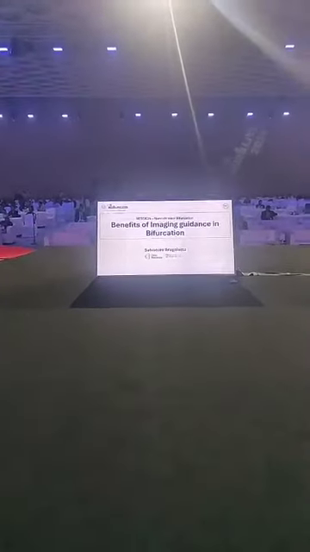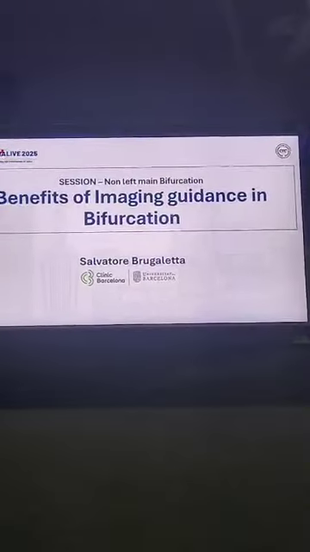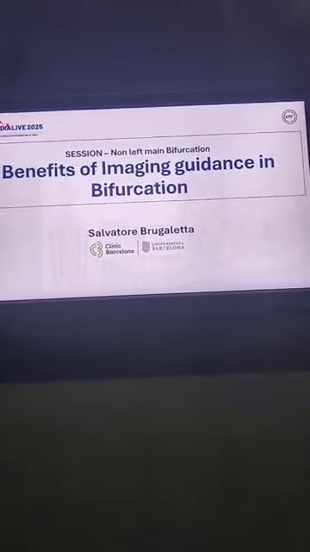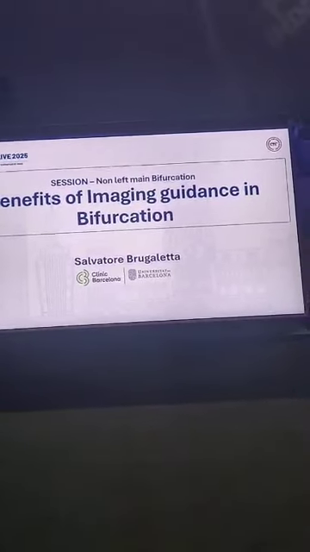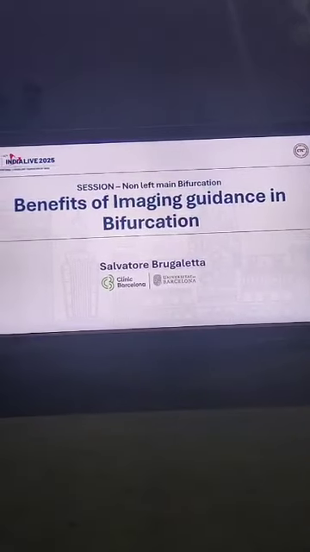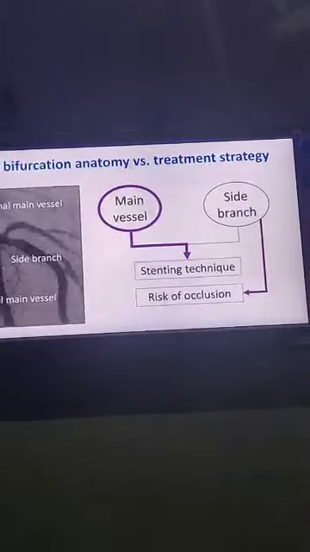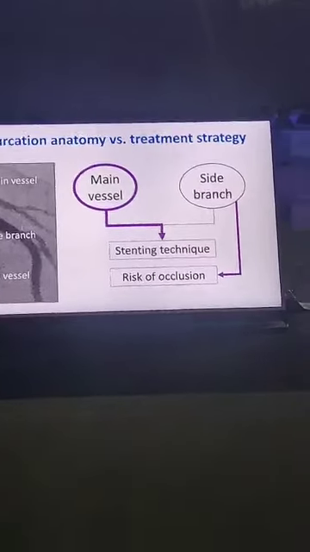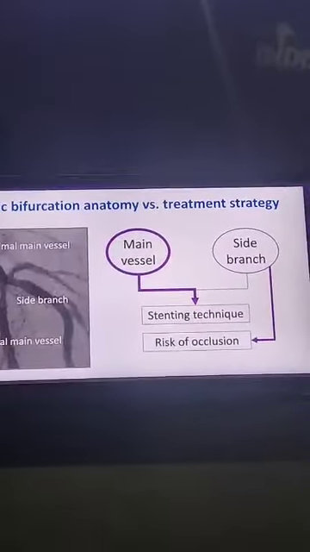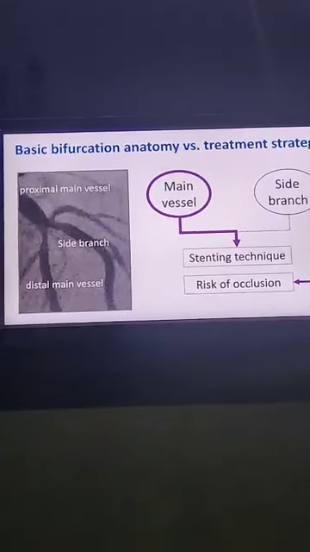Yes, thank you very much for inviting me to talk about something that is always difficult to talk about in clinical practice. When we have a bifurcation, we always talk about the two different actors. On one side we have the main vessel, on the other side we have the side branch.